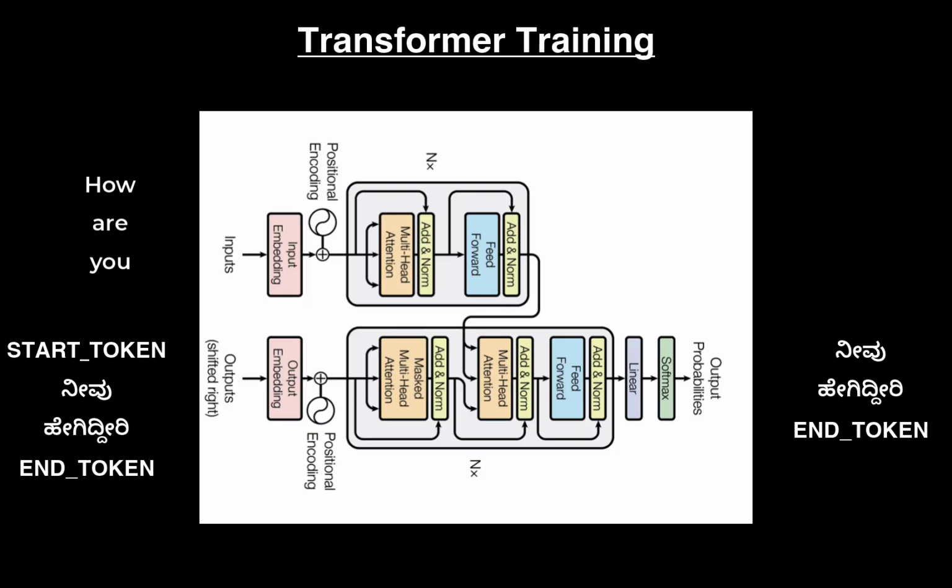This is because, given the start token, we want to predict the first word of the sentence. Given the start token and the first word of the sentence, we want to predict the second word of the sentence. And in case you don't know where this is going, if we're given the start token and the first two words of the sentence, we want to predict the third word, and so on.